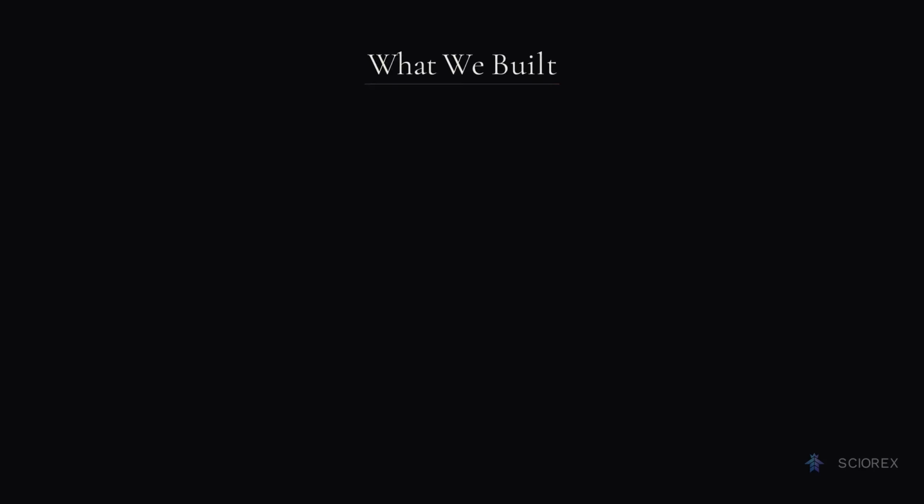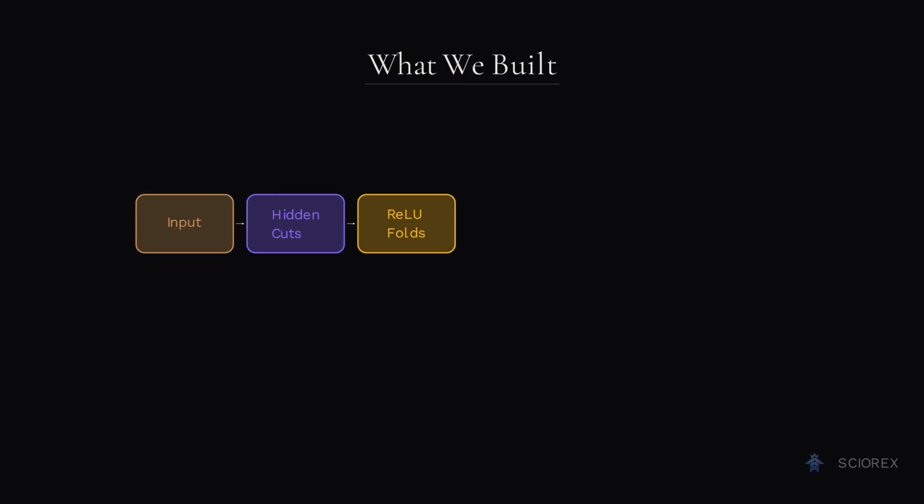Let's compress what we covered. A neural network stacks neurons into layers. Each hidden neuron draws a straight cut through the space. Nonlinear activations like ReLU fold the space at each cut, making depth meaningful. Without them, the network collapses to a single linear layer. The hidden layers perform representation learning. They transform the input into a new coordinate system where the task becomes easier.